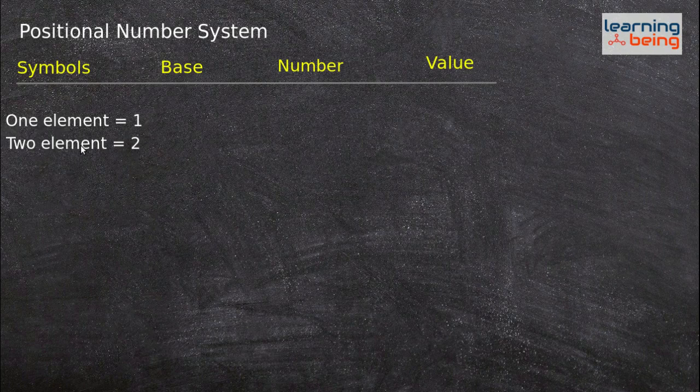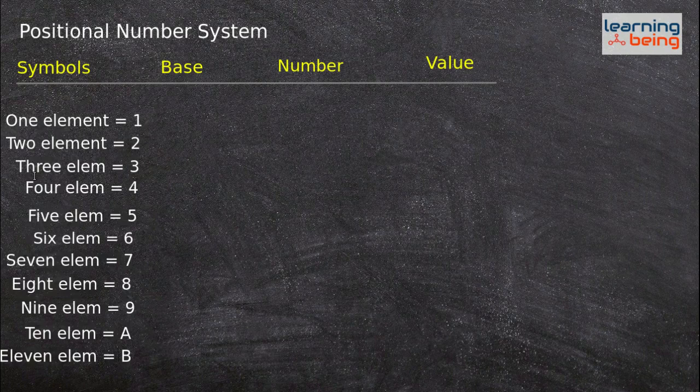And this way, for 4 elements we use this symbol, for 5 elements this symbol is used, for 6 elements this symbol, for 7 elements this symbol. Similarly, for 9 elements and for 10 elements we use these symbols, and so on. We have more. Actually, there is a set of symbols which are used to represent a particular count.